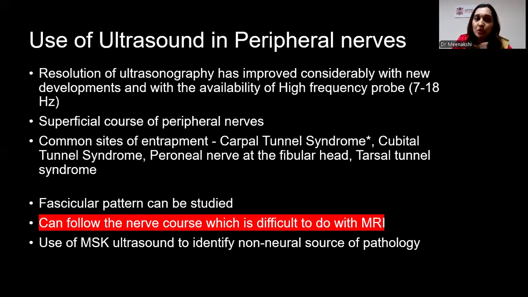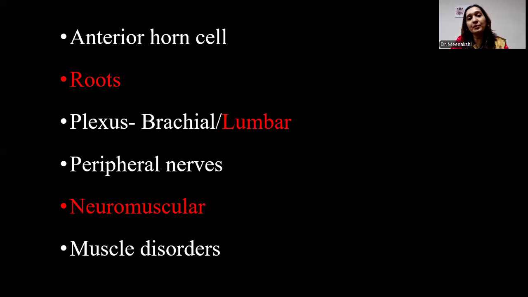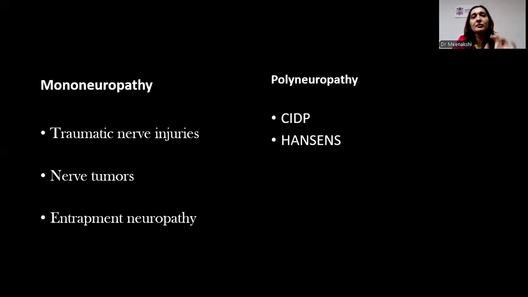So we use MSK ultrasound to identify the non-neural source of pathology. The structures which can be studied are anterior horn cells, plexus, that's your brachial plexus, the peripheral nerves, and of course, ultrasound also has a role in muscle disorders.